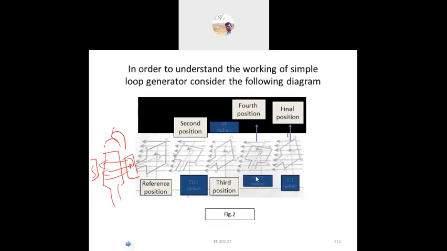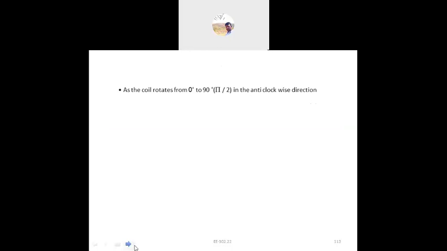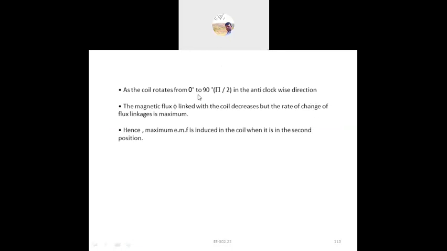Then the fourth position is 3π/2 radians, and the next position is 2π. What will happen is the EMF is varied at the coil from 0 to 90 degrees, in the anti-clockwise direction.